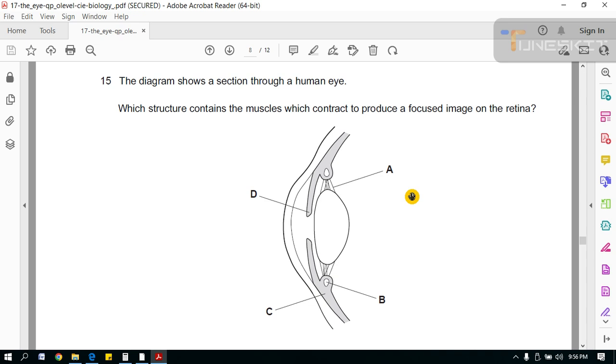So in this case, again you have to understand one thing, that a focused image on the retina means you have to apply the concept of seeing things at a distance or things which are close to you. In that case, you have to focus on the ciliary muscles.